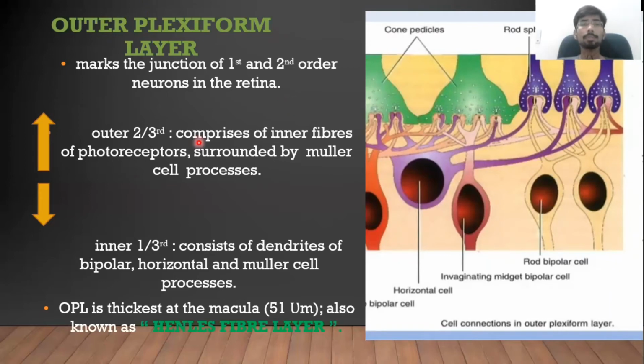The outer two-thirds comprises the inner fibers of photoreceptors surrounded by Muller cell processes, and the inner one-third consists of dendrites of the bipolar, horizontal and Muller cell processes. So this is a horizontal cell, this is a bipolar cell, and this cell process is the inner one-third.